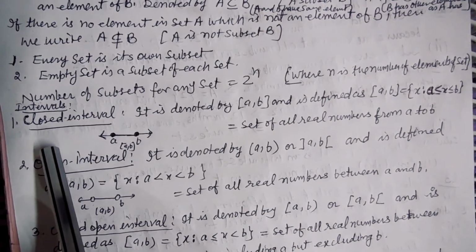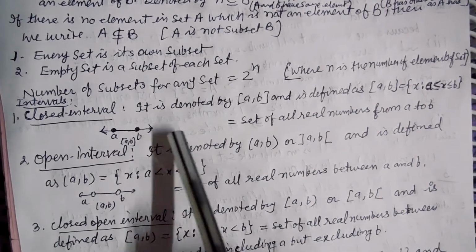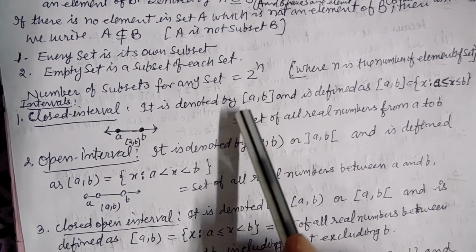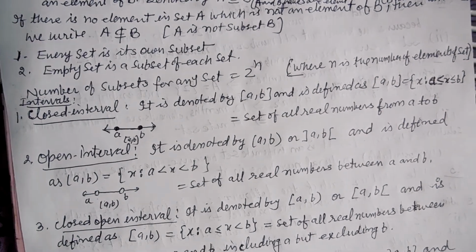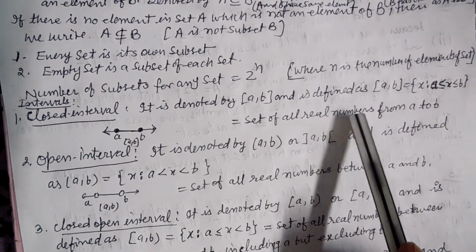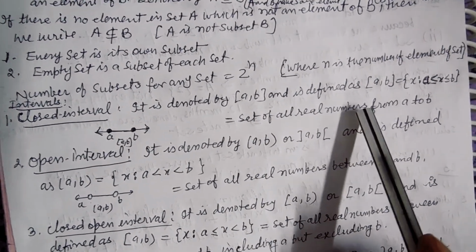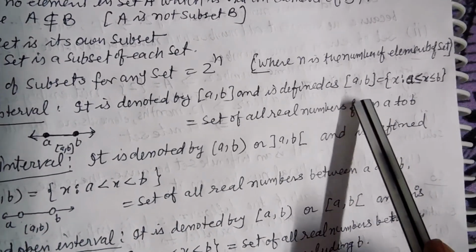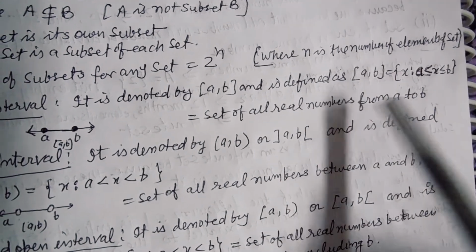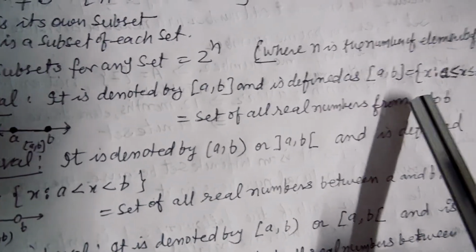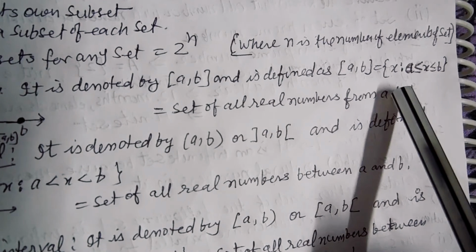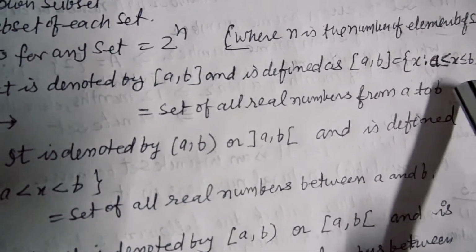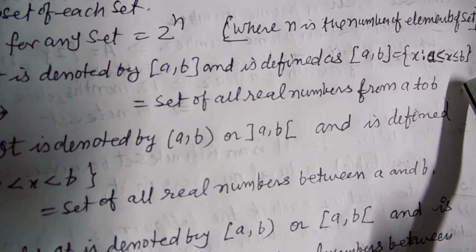Intervals. Closed interval. It is denoted by [a, b] in square brackets. Clear? And it is defined as [a, b] = {x such that x is greater than or equal to a and less than or equal to b}.